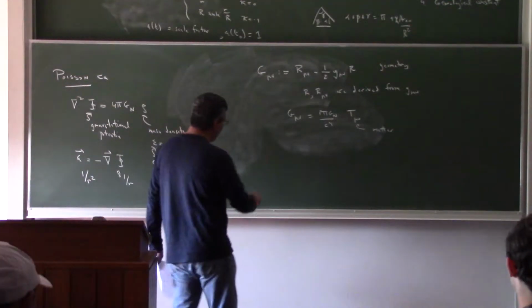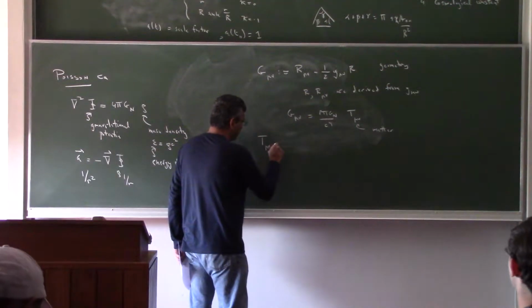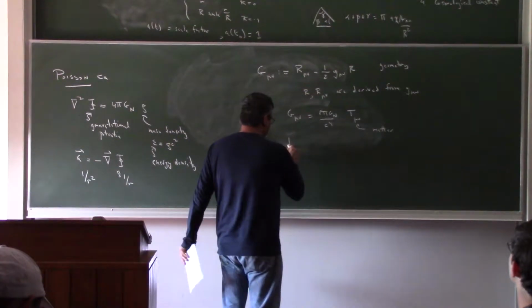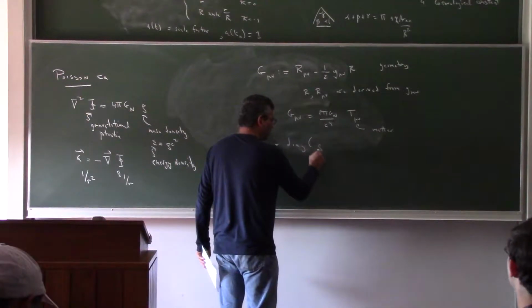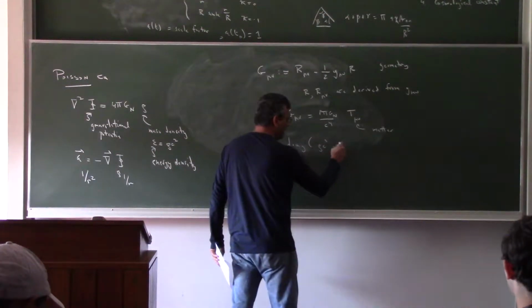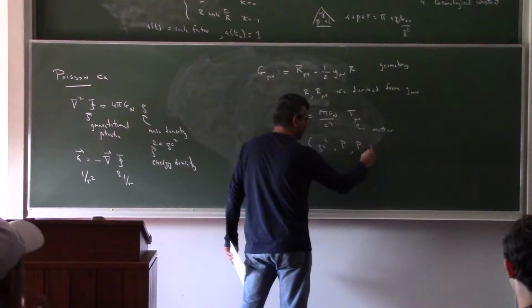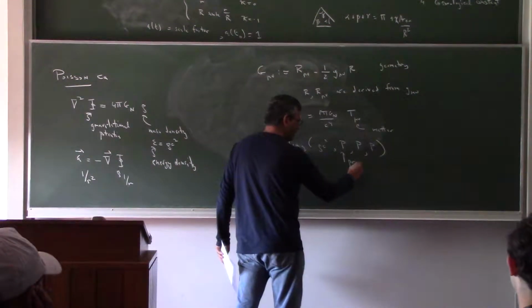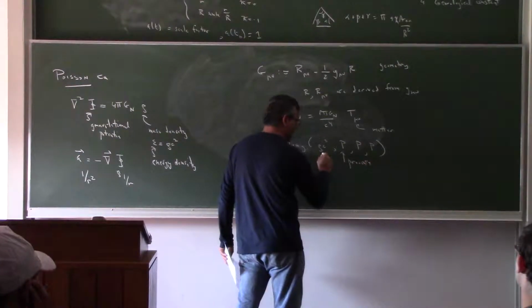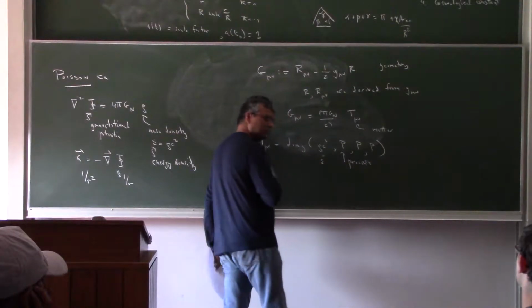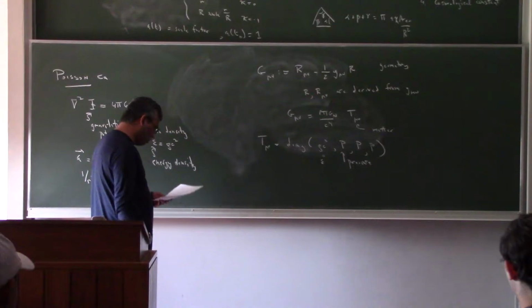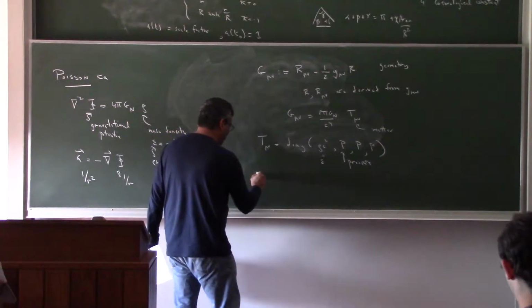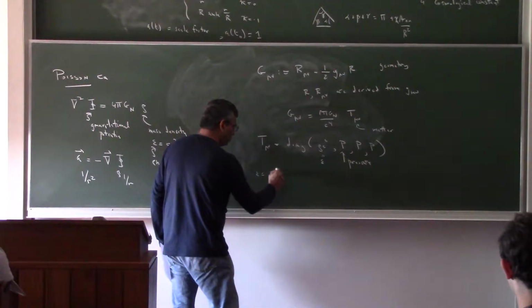So T mu nu, for our purposes, can be thought of as a diagonal matrix, rho c squared, P, P, P, where P is pressure. And this is again the energy density. Okay? So if we notice the energy density, this is rho c squared.